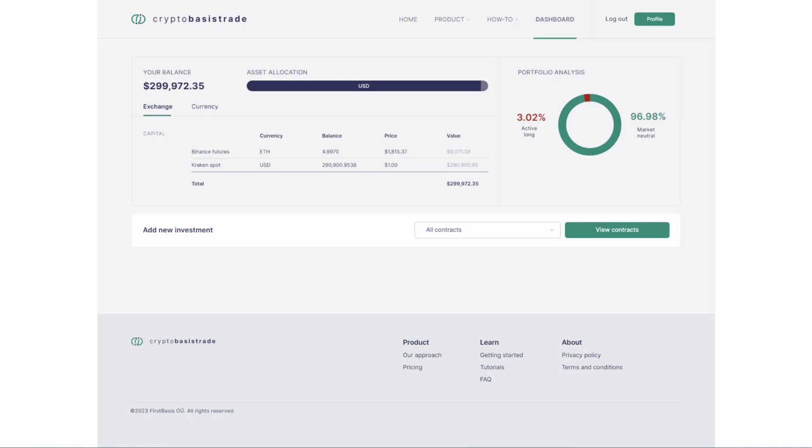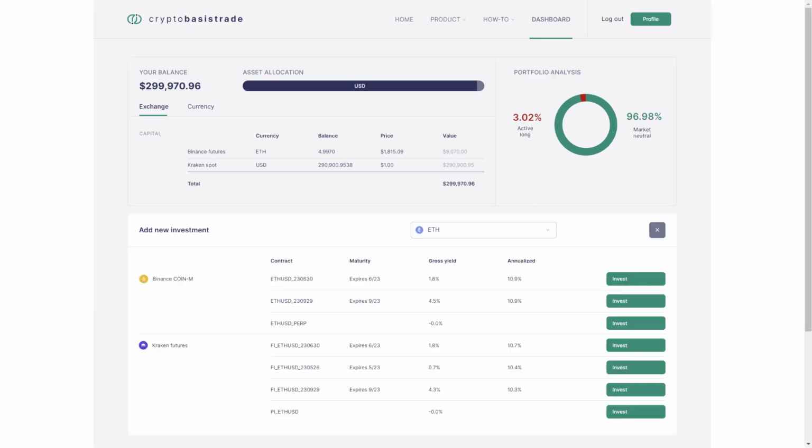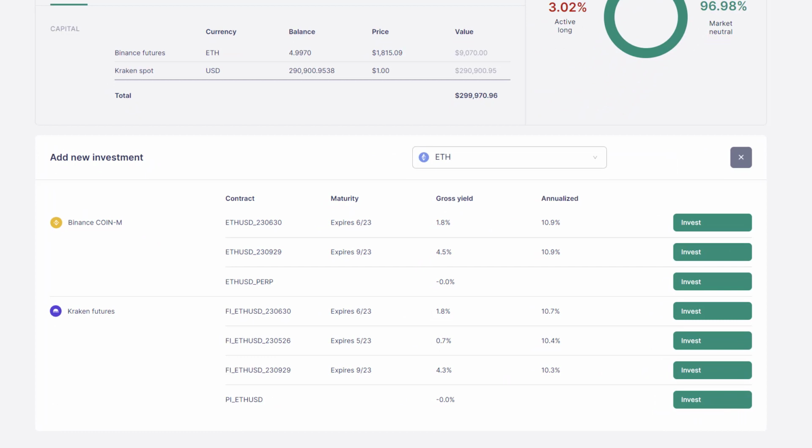Your return on the basis trade will be determined by the spread between the price of the futures contract and the price of the spot cryptocurrency at which you entered your position. You can review current spreads in the new investment section of the dashboard. As you can see, annualized spreads for Ether are currently between 10 and 11%.